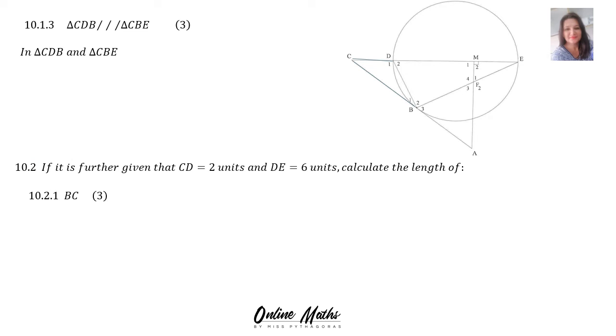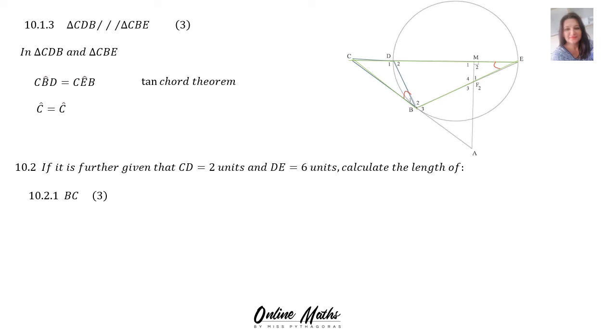10.1.3. We need to prove that triangle CDB is similar to triangle CBE, that big triangle. Right, we start. In triangle CDB and triangle CBE, we get that the angle CBD is equal to angle CEB, and the reason is it's the tan chord theorem.